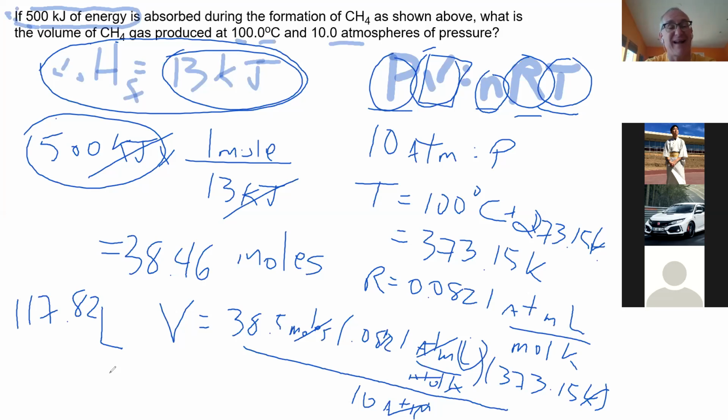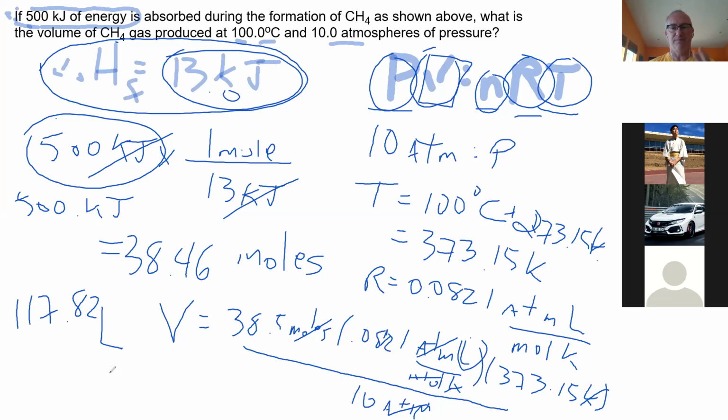I would say probably to two, right? Actually, 500 kilojoules of energy only has one significant digit. That's a mistake on me. It should be 500 with a period, kilojoules. And the number in our formation should be 13.0 because there was information past the decimal point.